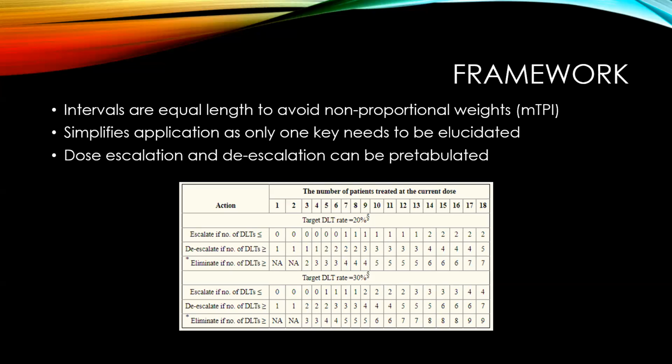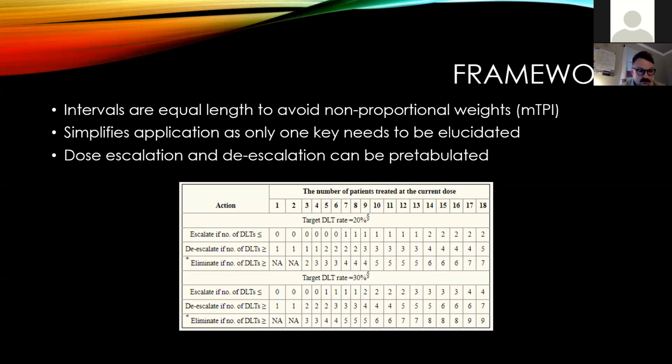And then similarly, we're also going to implement a rule that says you have to treat at least 3 patients before you can eliminate a dose. And the reason being is, what happens if we're starting a trial and our first patient has a DLT?